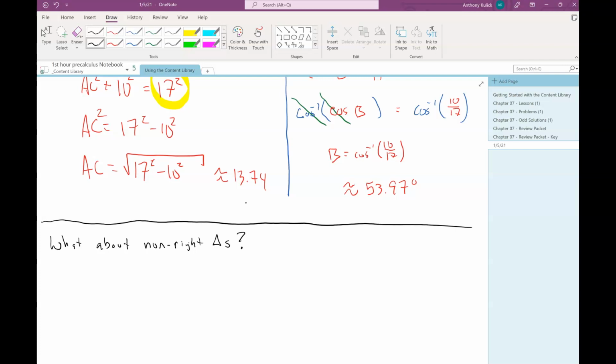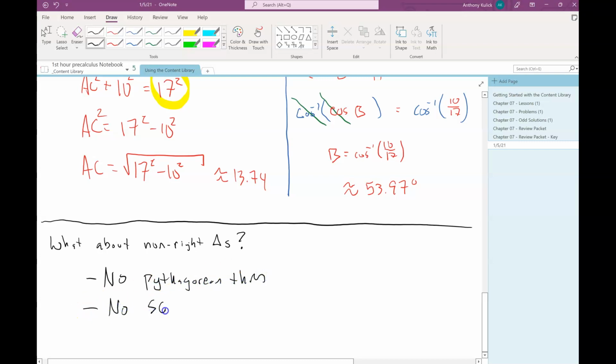Can we still do these same techniques that we used here for non-right triangles? No, we cannot. So we have no Pythagorean theorem. We can't use that. And we have no SOHCAHTOA.